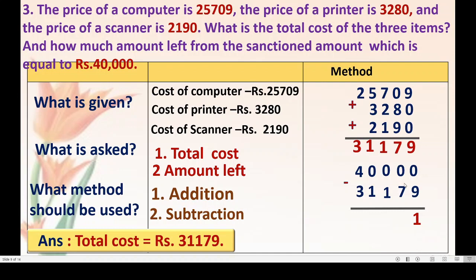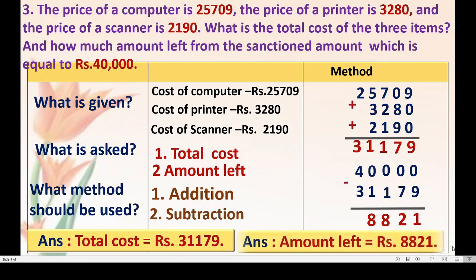So here 9 minus 7 is equal to 2. 9 minus 1 is equal to 8. 9 minus 1 is equal to 8. Here 3, correct? 3 minus 3 is equal to 0. So nothing is there. Now what is the amount left? That is 8,821, isn't it?